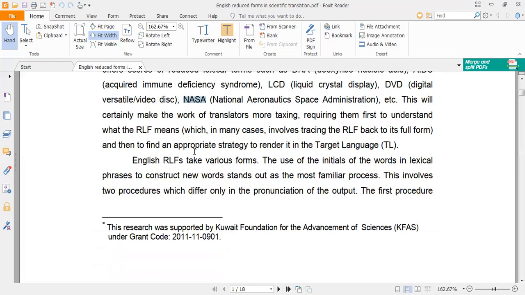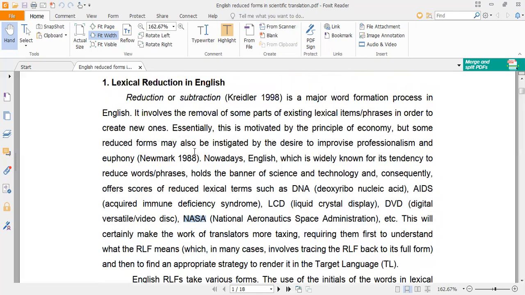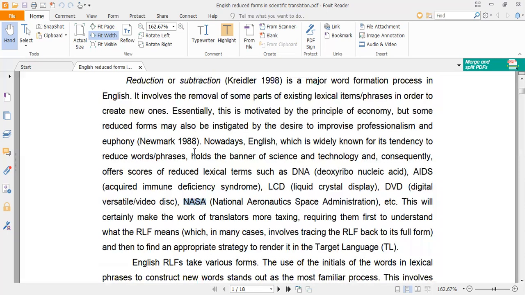So actually these reduced forms cause a lot of difficulties in translation, because English seems to use reduction as a word formation process more frequently than Arabic.